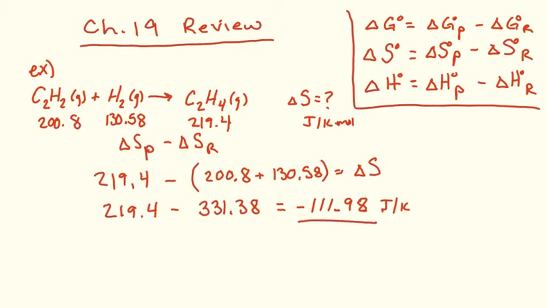Here we have a negative entropy, and that makes sense because if we look back to our equation, we're going from 2 moles of gas to 1 mole of gas. So we know that entropy is decreasing.